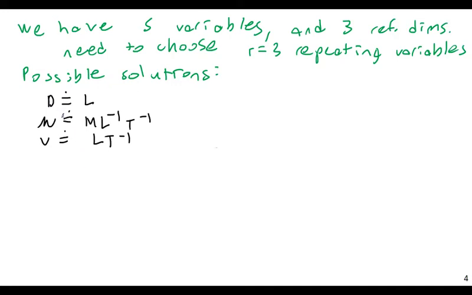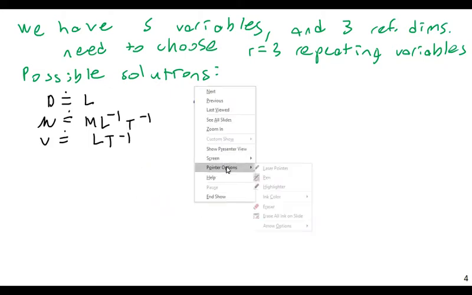So A, we seem to be good, B, we seem to be good, and C, we seem to be good. There doesn't seem to be any way I could multiply these together or divide them that would produce a dimensionless term. Okay, so what else do we have? Let's try something else.